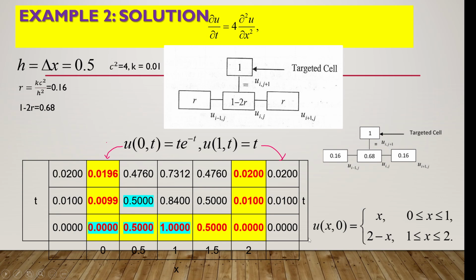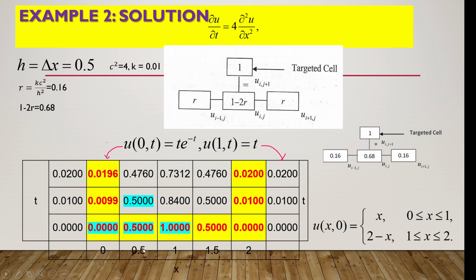The initial condition is here, u(x,0), which happens when t equals 0. You have two different functions: for x from 0 to 1, u depends on the value of x.